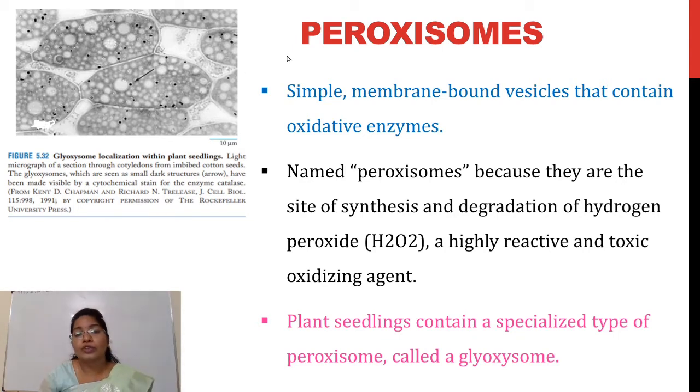They are called peroxisomes because they are the sites of synthesis and degradation of hydrogen peroxide, H2O2, a highly reactive and toxic oxidizing agent. This is the important function of peroxisomes.